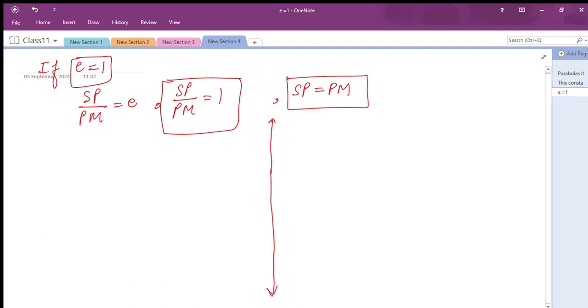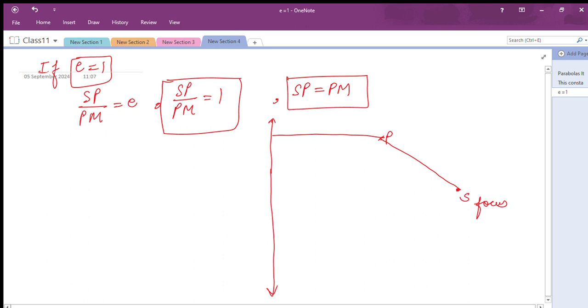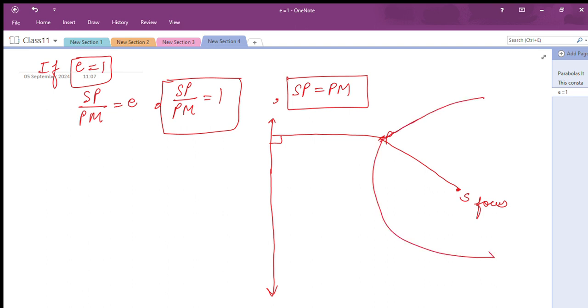This is the y-axis and this is the point P, a moving point, and this is the focus S. This is the distance from the focus, and this is the distance from the directrix, and this point is moving and makes a parabola like that. The distance SP equals PM as per the definition.